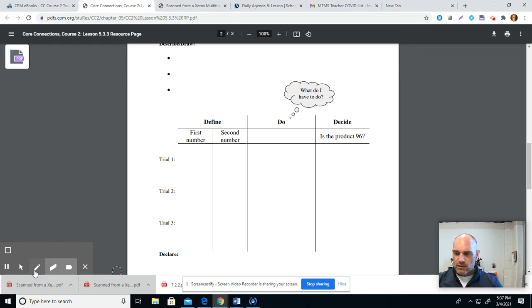So on my declare, I'm going to write that my two numbers are 12 and 8. So declare. So my numbers are 12 and 8.